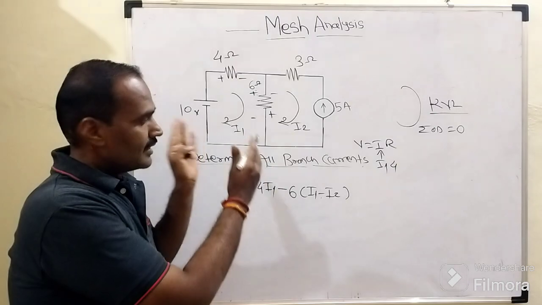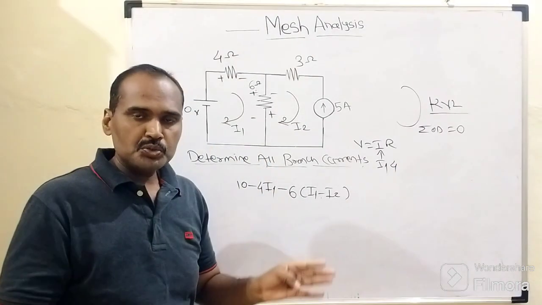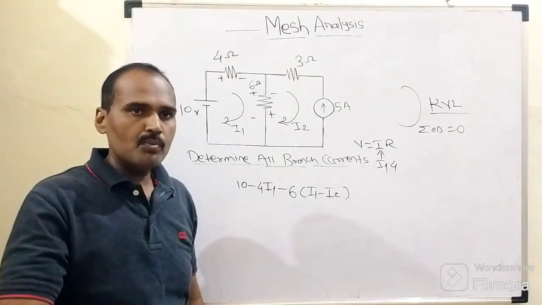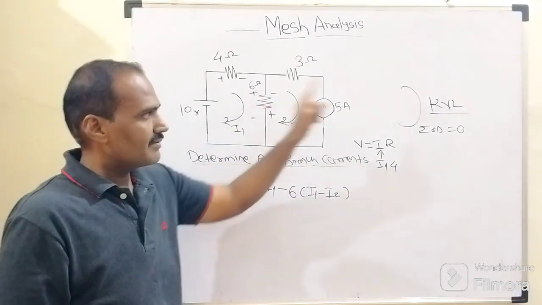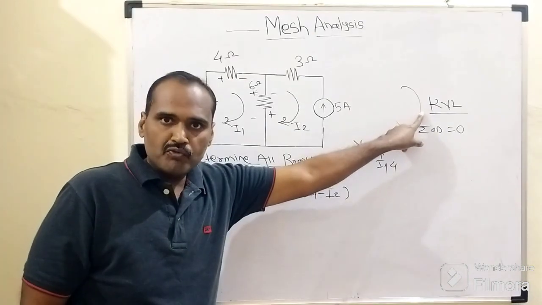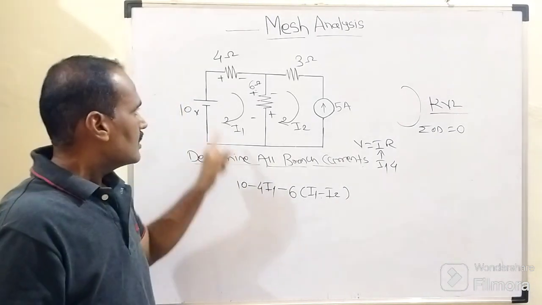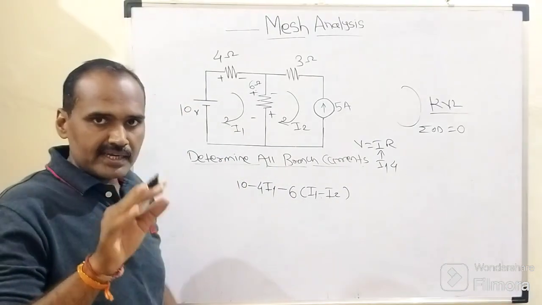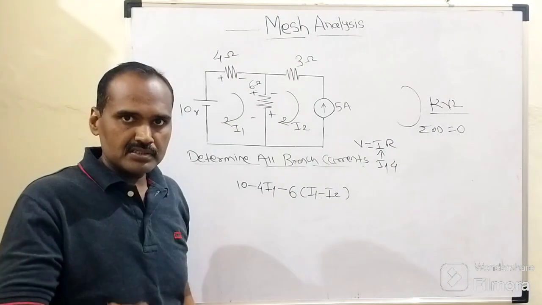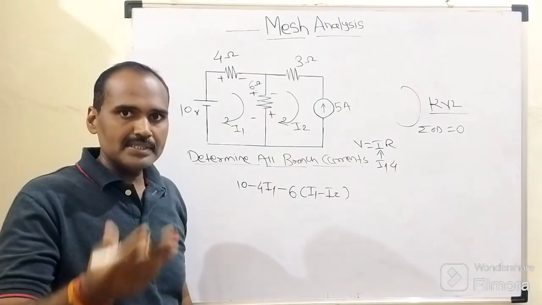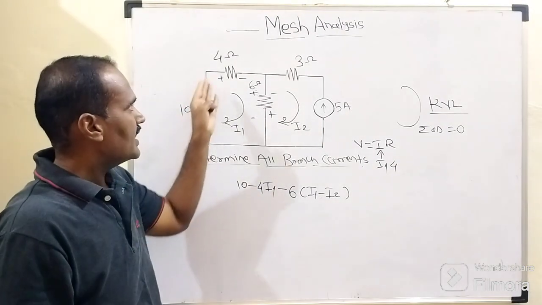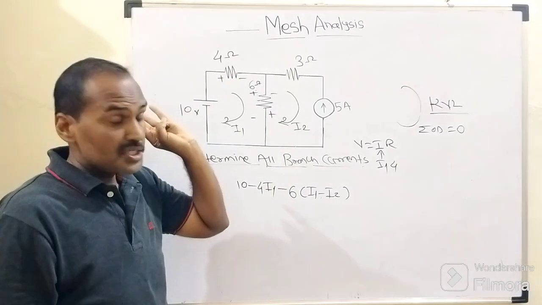Because their directions are opposite to each other, while considering the ohmic drop across the 6 ohm resistor when we apply Kirchhoff voltage law to mesh number 1. Within that first closed conducting path, there are only 3 elements: the 10 volt battery, the 4 ohm resistor and the 6 ohm resistor.